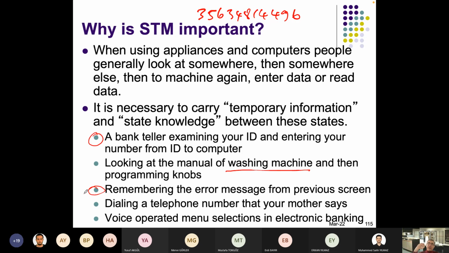If you show the same information in the next screen, such as previous tries, previous file name, which is not found, then people will remember that that was not available, so try another one. They don't have to remember it. They don't have to remember the incorrect entry.